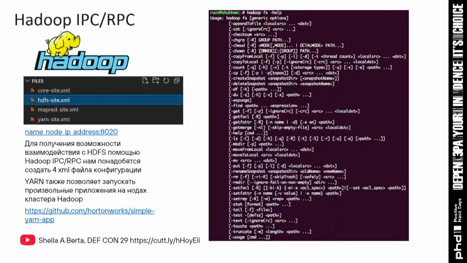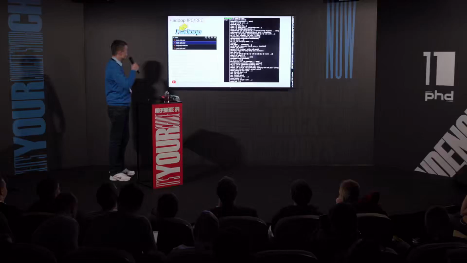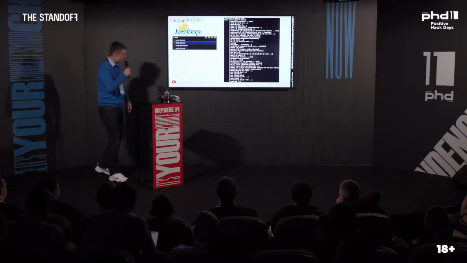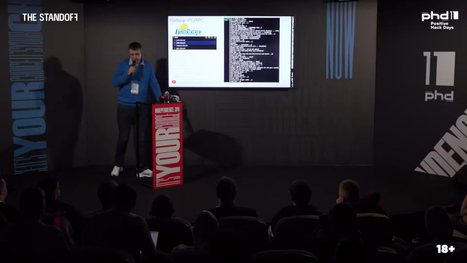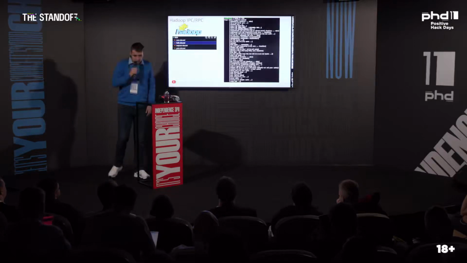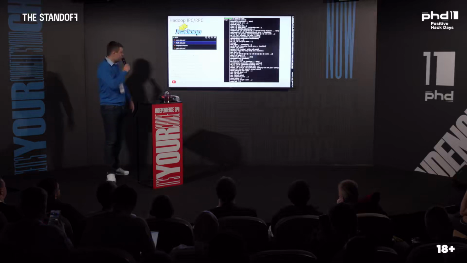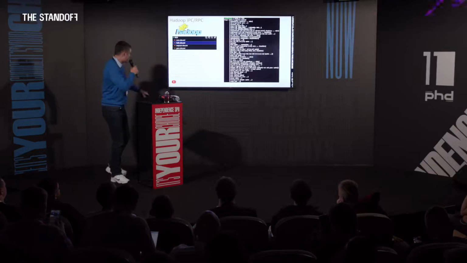Now, let's see how we can exploit its misconfigs with Hadoop IPC RPC, the protocol by which we interact with name nodes of Hadoop at port 8020. And to get access to HDFS by the use of this protocol, we just need to craft 4 XML files. If authentication is not implied, we can interact with the file system directly.